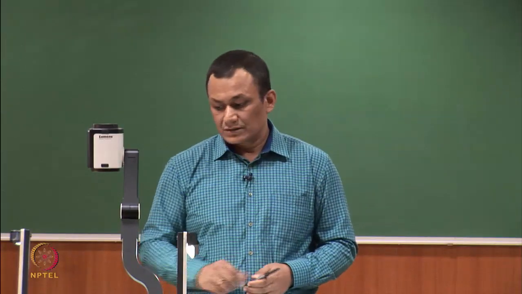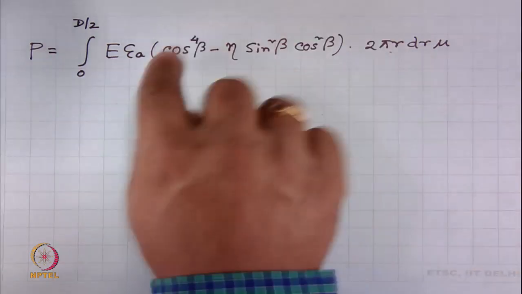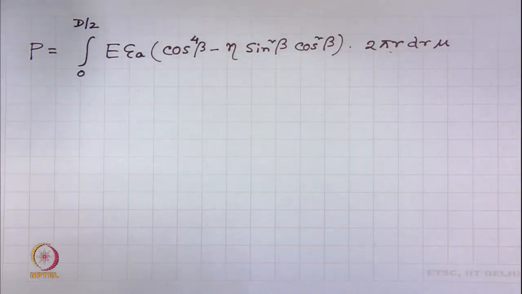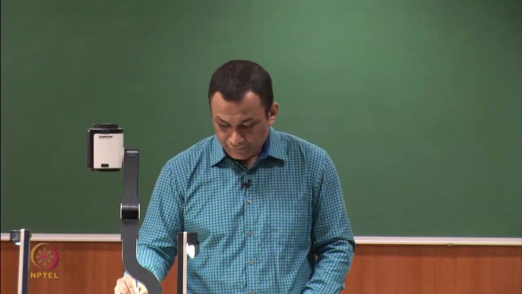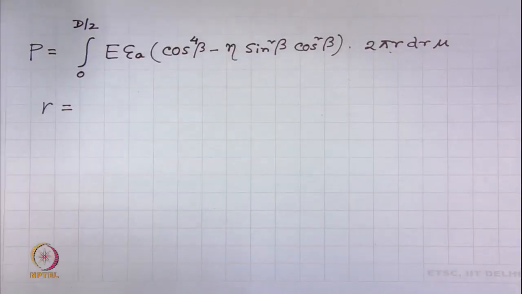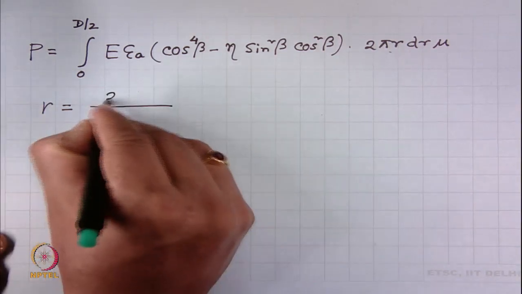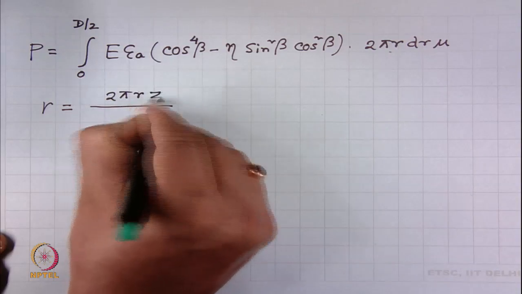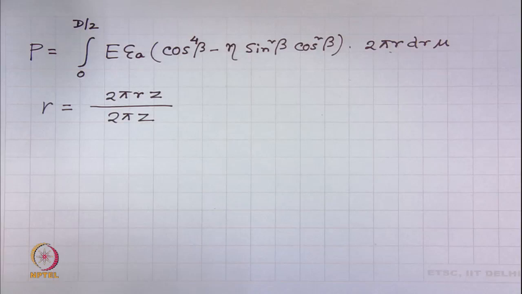So, let us convert r to beta. How do we do that? r can be written as 2 pi r z by 2 pi z. What is 2 pi r z? 2 pi r z is tangent of beta.